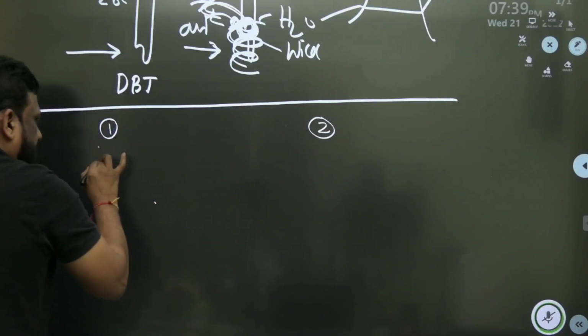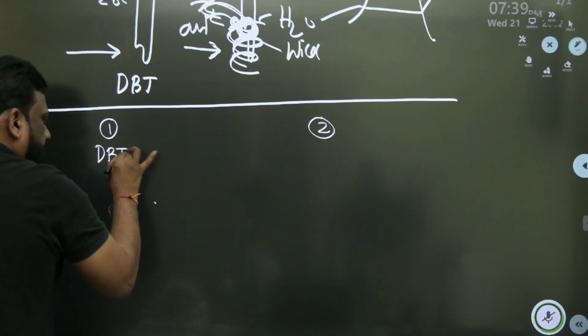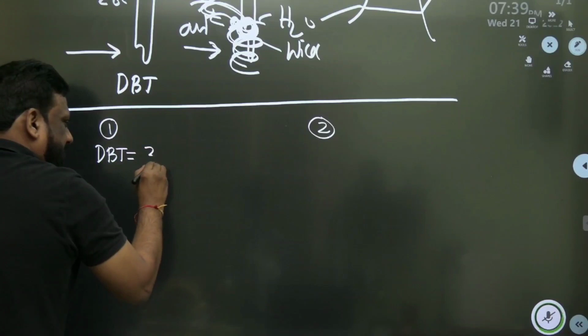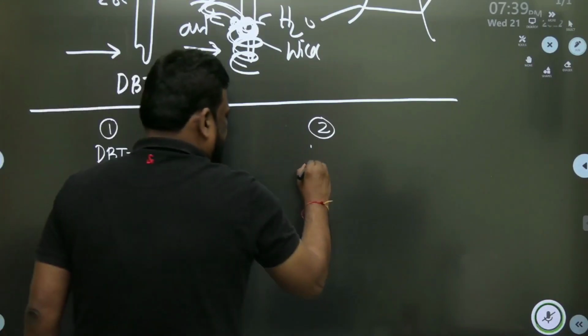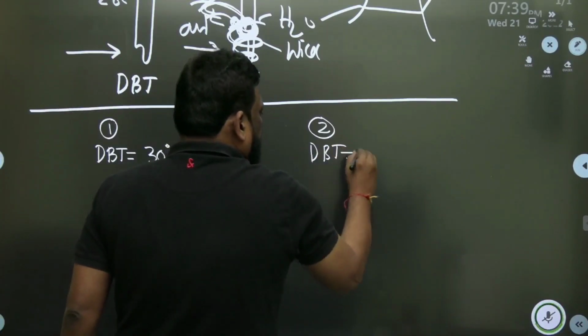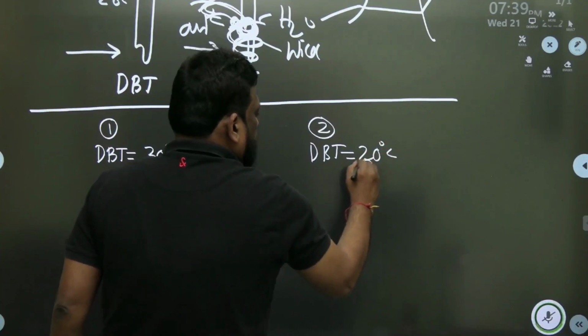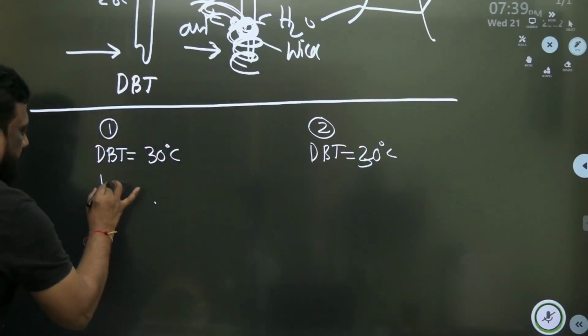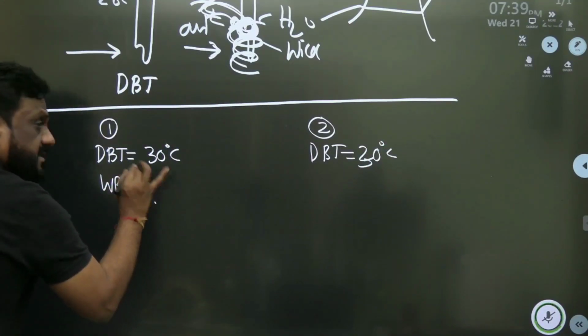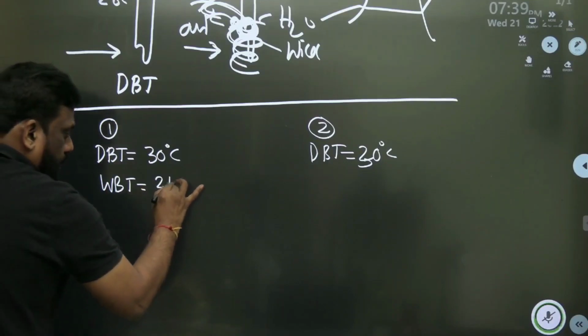In both the cases, the dry bulb temperature is, let us say, 30 degrees centigrade. Let us assume that the wet bulb temperature here is, say, 24 degrees centigrade.